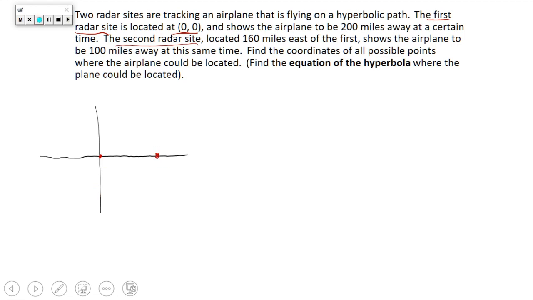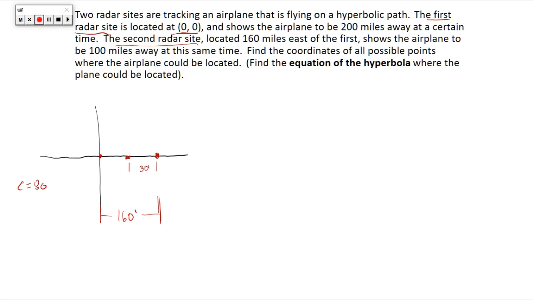Now we know that the distance between these foci is 160 feet, and there's a center somewhere too. Which means that the distance from the center to a focus is 80 feet, which means that c is 80. That's what the definition is for this hyperbola.